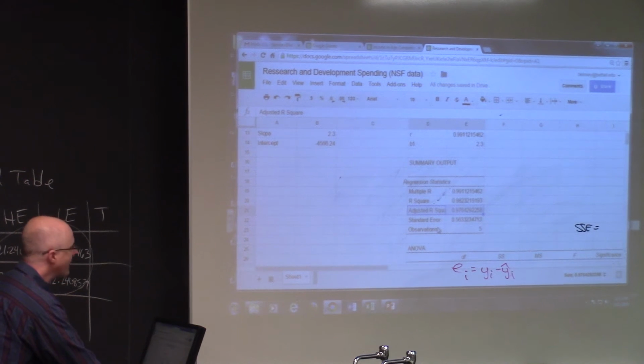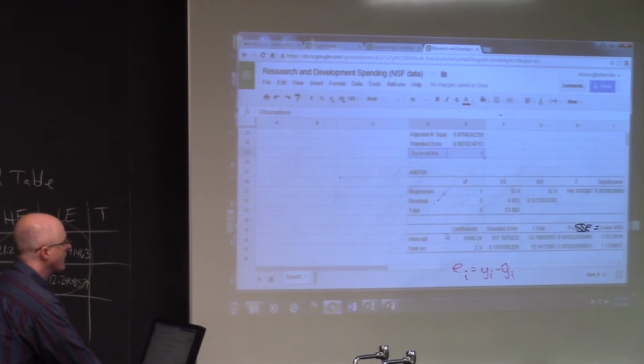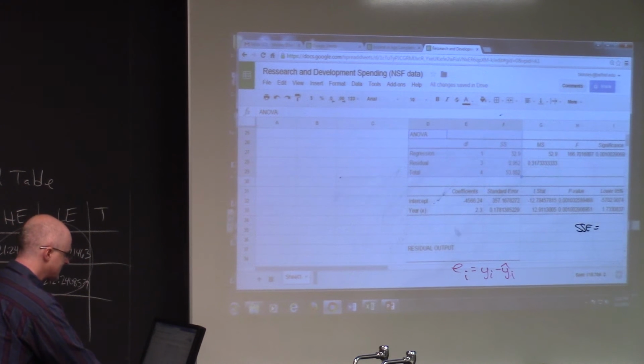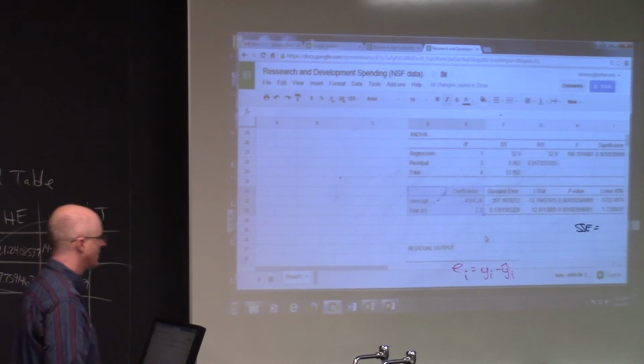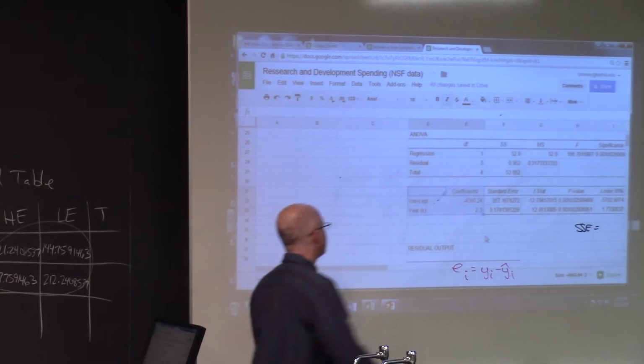We don't need to worry about that. There's the standard error we just calculated. There's n. That's no big deal. Number of observations. We're going to ignore the ANOVA part of this table for the moment, though we're certainly going to talk about that next week a lot. Today, we're only going to focus on the bottom part down here. We have already focused on this part so far that I've got highlighted.